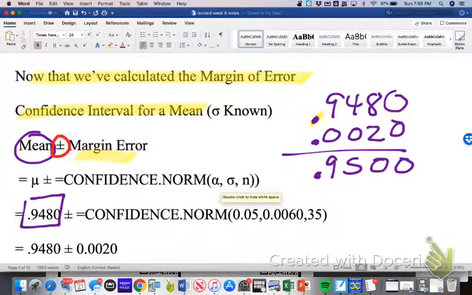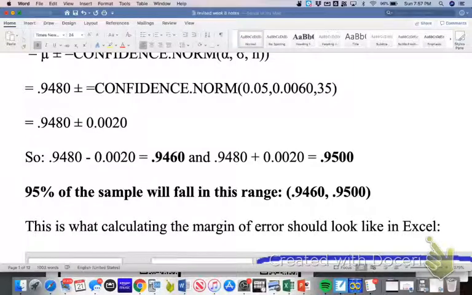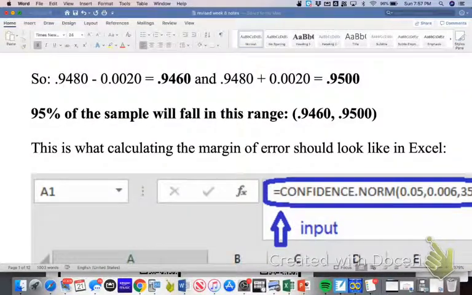And then I need to take that mean again, and this time subtract out that error. So this will be the lower end of my interval. So my final answer that I would type into my homework problem is that 95% of the sample means will fall in this range. They will fall between this value and this value.